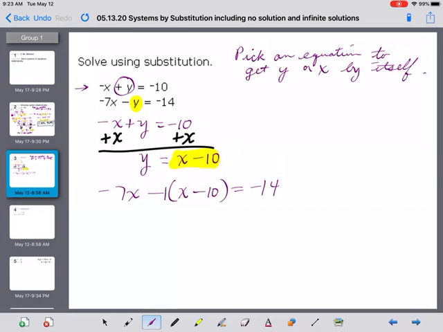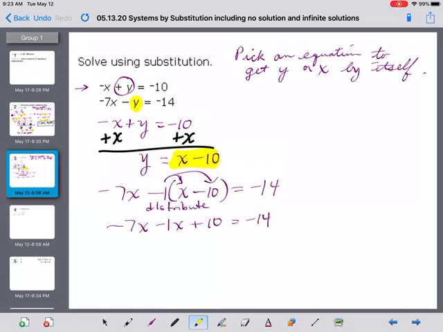So now you have a little distributive property going on, right? You have to distribute that negative sign. So we'll do that first. Here, I'm going to write that, distribute. So negative 7x, now here's the distribute, negative 1x, and then negative 1 times negative 10 is plus 10.